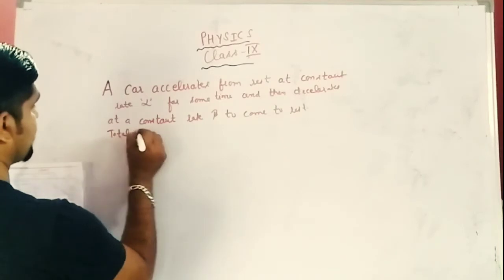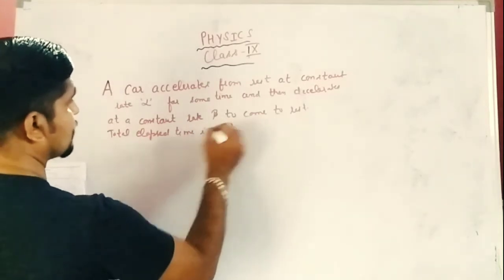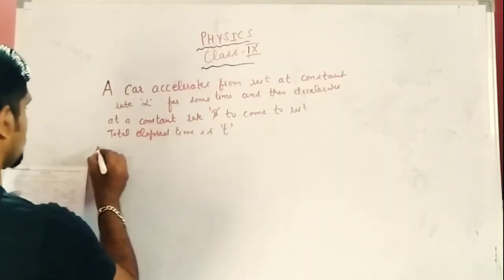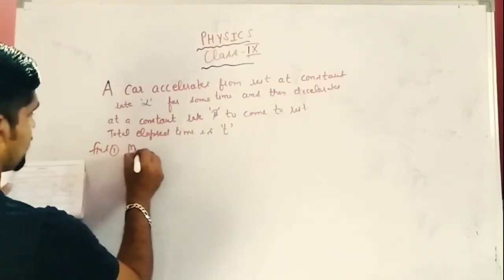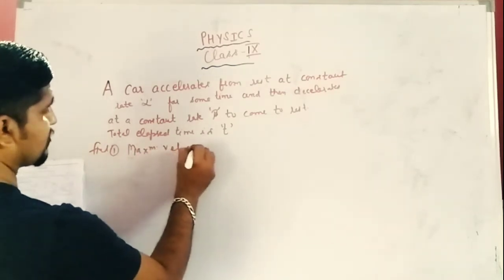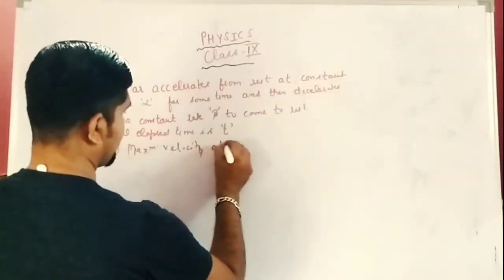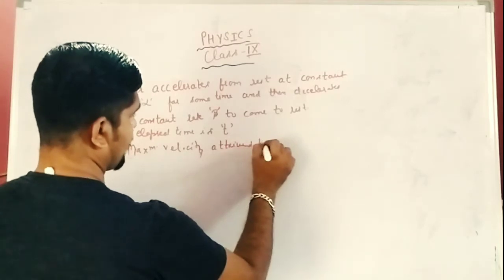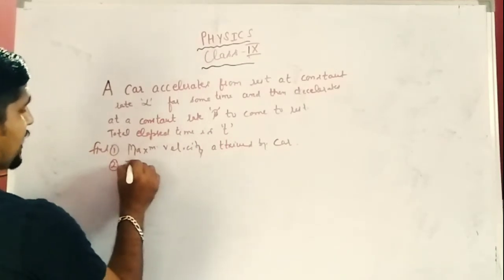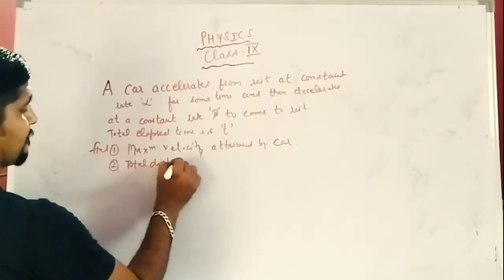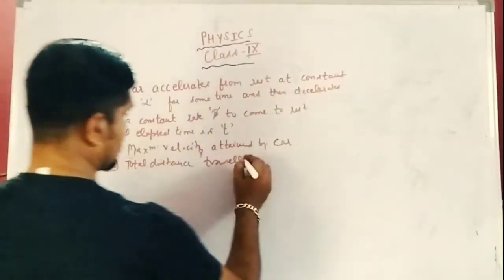Total elapsed time is t. Find, number 1, the maximum velocity. What will it be? Find the maximum velocity attained by the car. Number 2, find the total distance traveled.